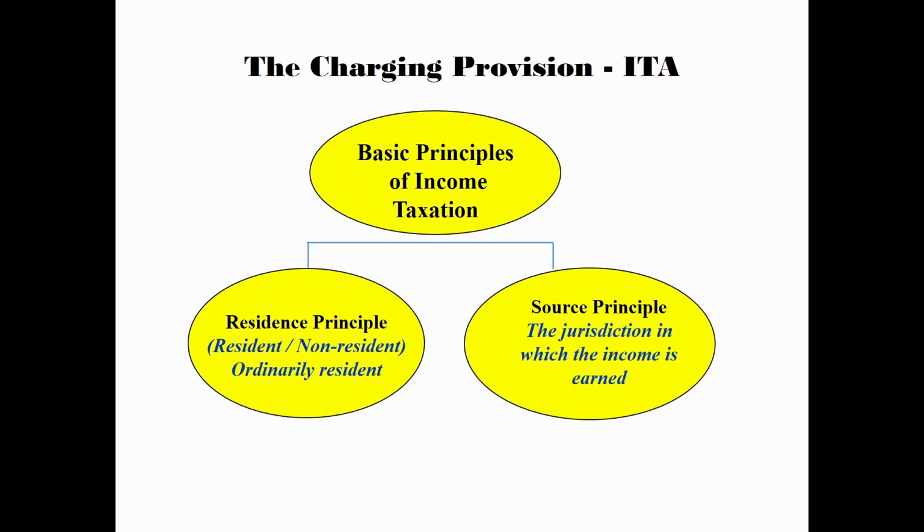If the income is earned in Jamaica or originates in Jamaica, even though you are abroad, then it is only the income that is earned in Jamaica that is subject to Jamaican tax based on the treaties. So if you have income from abroad that is taxed already, it cannot be taxed here again because the treaties would prevent that. That's the reason why source is very important. Income earned in Jamaica by a non-resident is taxable only on the income that is earned here.